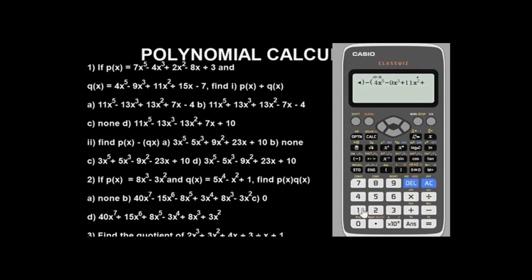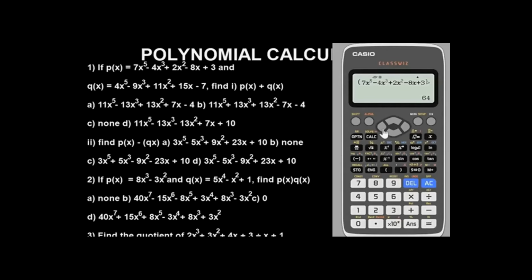Plus 15x, minus 7. Close the brackets. Yeah. So let's press equal to. So we're going to have 64. So right, guys, we got 64. We are going to check the option that will give us 64. Any option that gives us 64 will definitely be the answer.